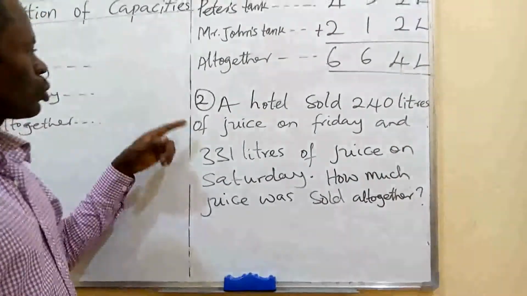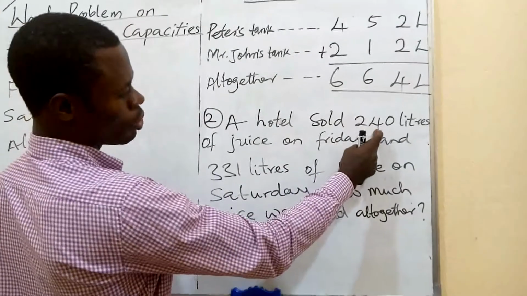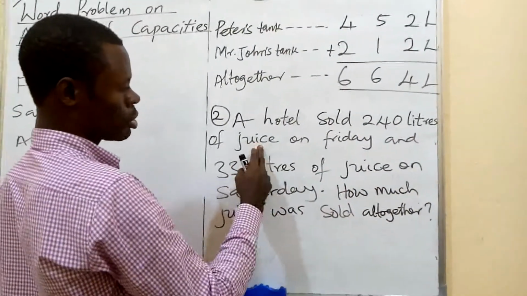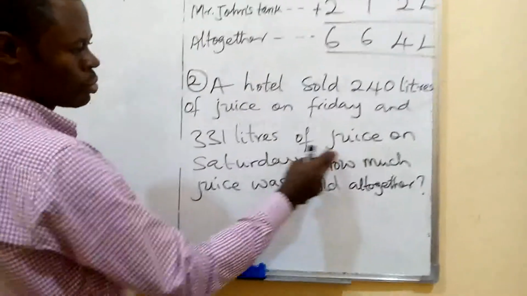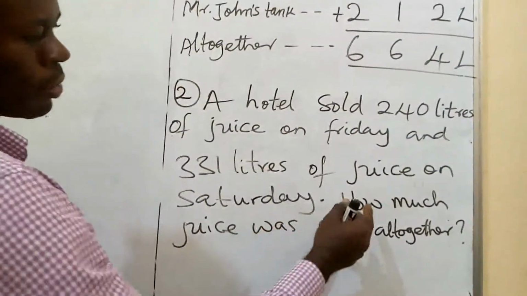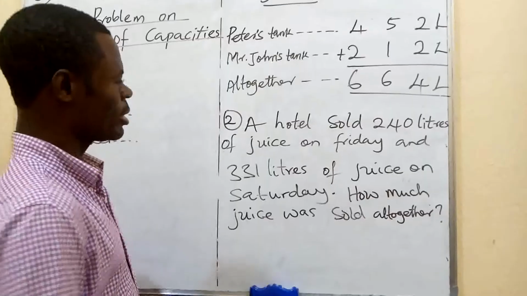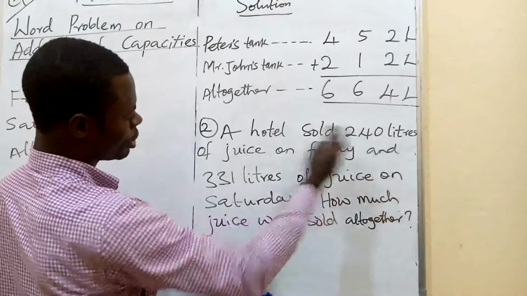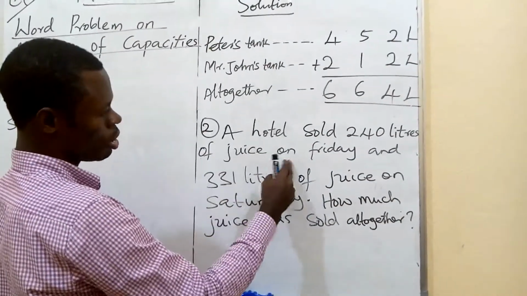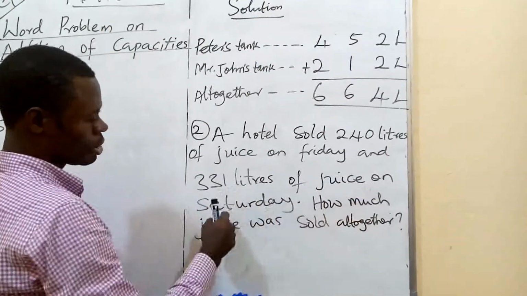Example 2. The question is, a hotel sold 240 liters of juice on Friday and 331 liters of juice on Saturday. How much juice was sold altogether? I take the question again. A hotel sold 240 liters of juice on Friday and 331 liters of juice on Saturday.